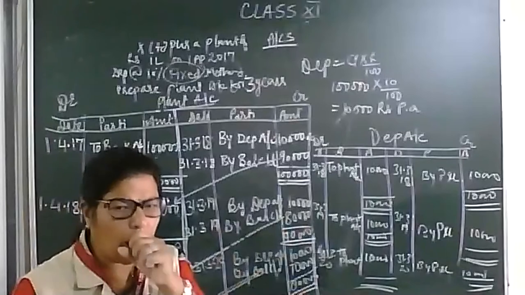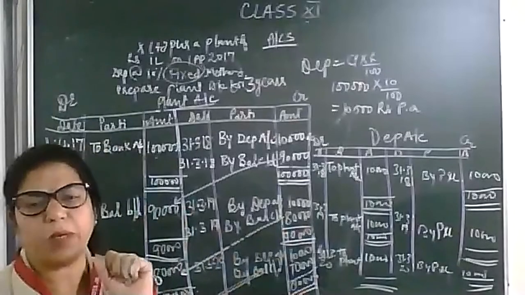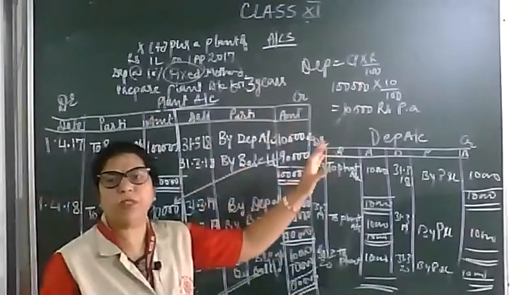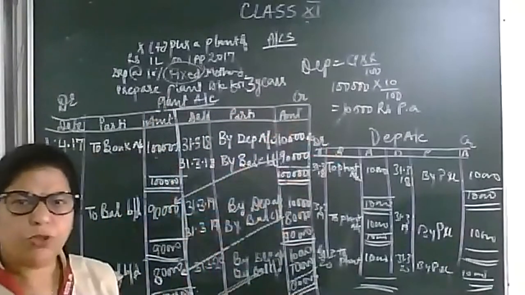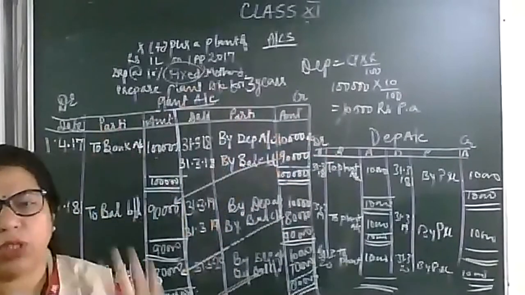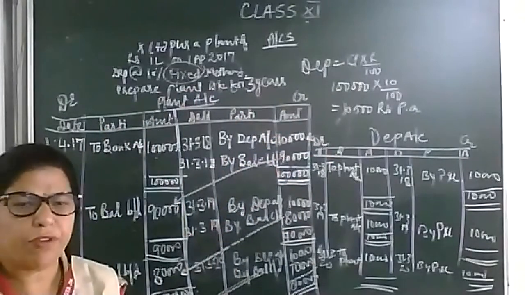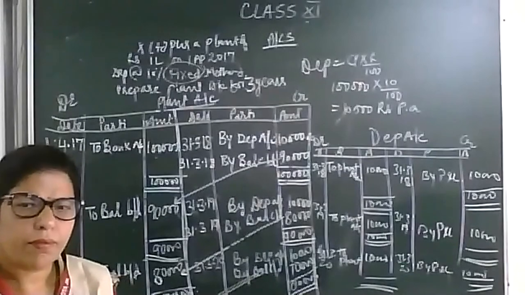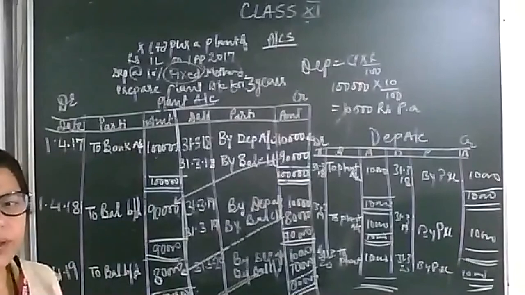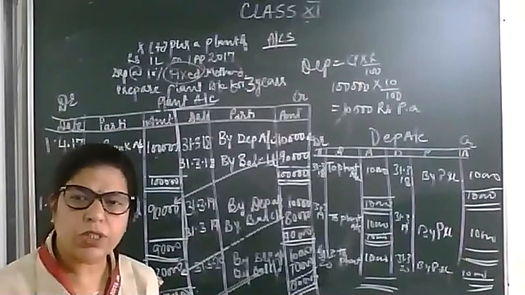This is the first method, in which the plant account and the depreciation account are to be prepared, and you have to use only one formula. Only one formula. Note down the depreciation account also.